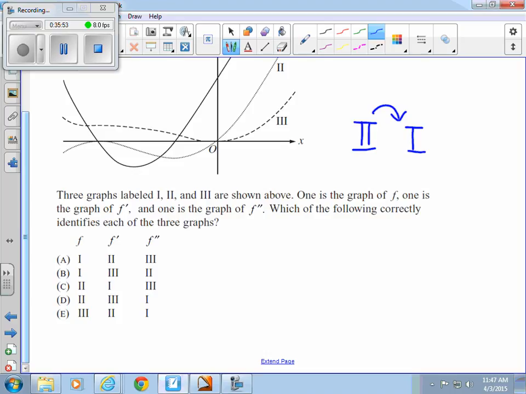Do you know where graph 3 belongs? What do you think? So you think that 2 is the derivative of 3? But 1 is the derivative. Because 3 is completely positive. 1 is completely positive.